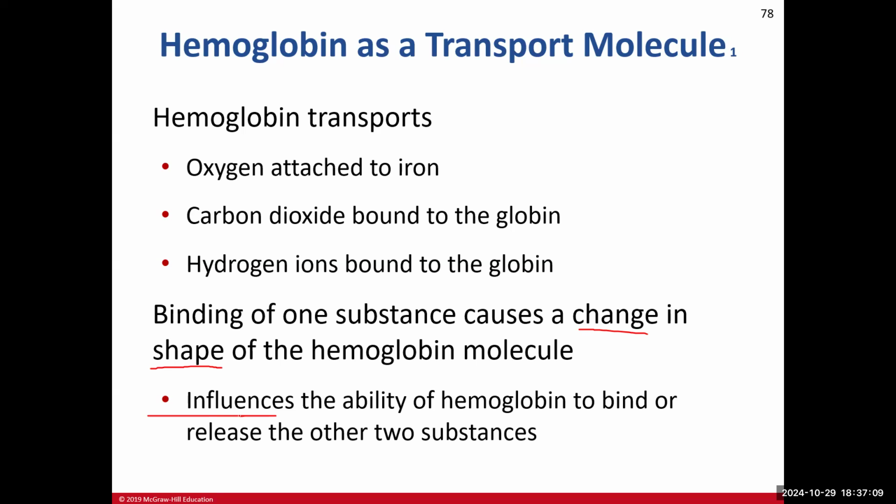Because think about it, do we want a really tight, strong bond between hemoglobin and oxygen, for example? No. You want it to be able to pop off when it gets to the lungs because that blood is moving fast. You've got to get oxygen from the lungs onto the hemoglobin, then get it to the cells. And we want it to pop off in the cells and diffuse right into the tissue there.